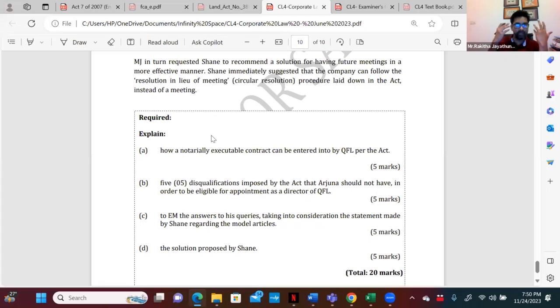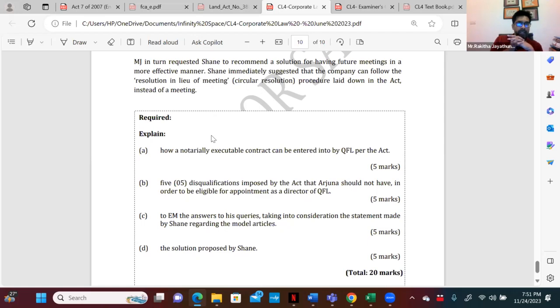Whatever thoughts you have, when you try to articulate them on the answer booklet, sometimes you can't express them properly. That problem is there, especially with papers like this. However, the good thing is that most of these words and sentences, you can use the language in the Companies Act as it is.